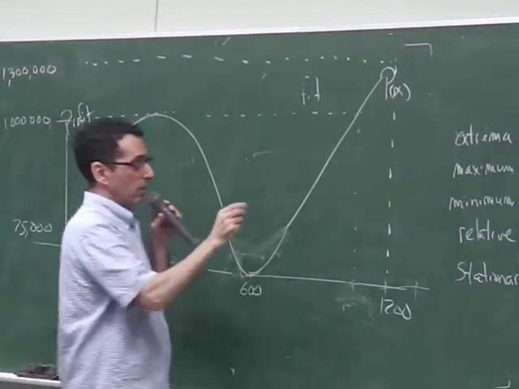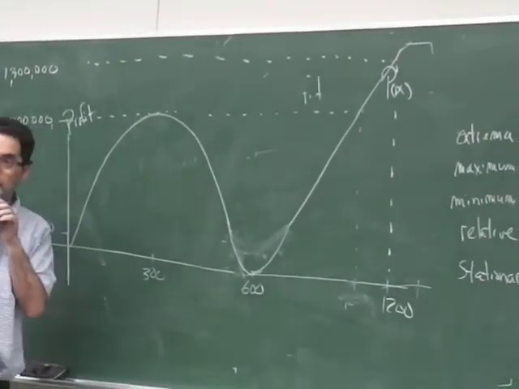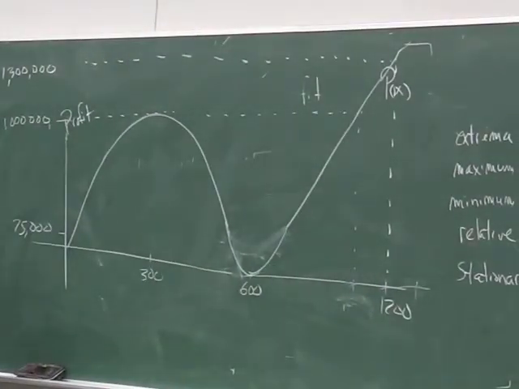So if I change the focus all the way out to here, now where does it have a maximum? Only at 1,200, right? The maximum value occurs when x equals 1,200, and the maximum is 1,300,000, right? Everyone agree with that?